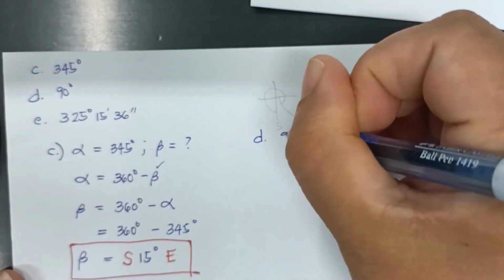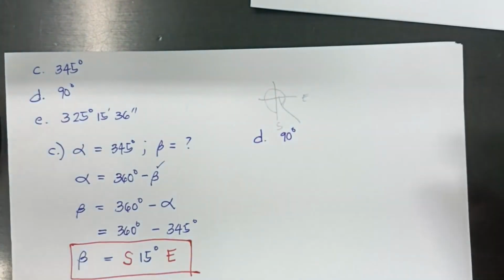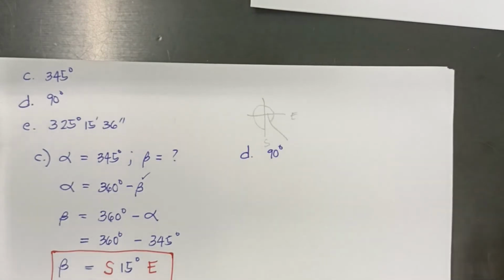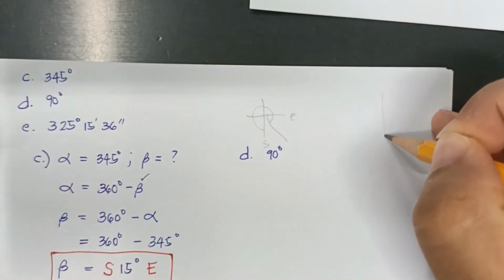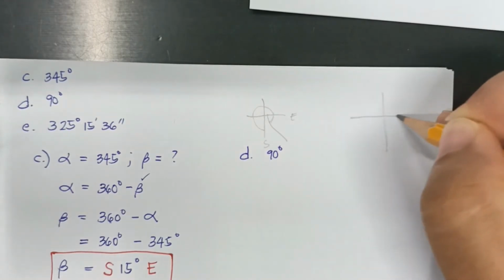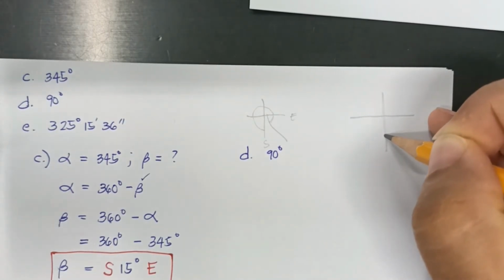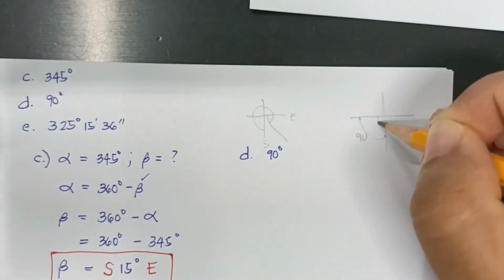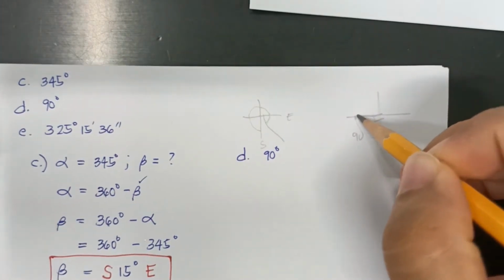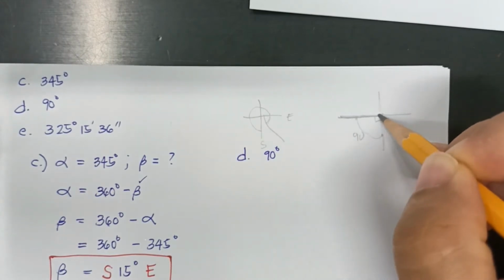Okay, so another, you have 90 degrees. Where is 90 degrees? We have to look at this illustration. This is 0, and then you stop here. This is equal to 90 degrees, so it falls in this quadrant.